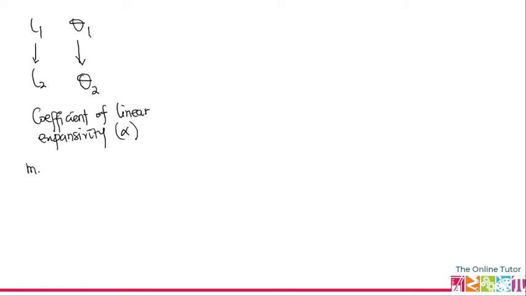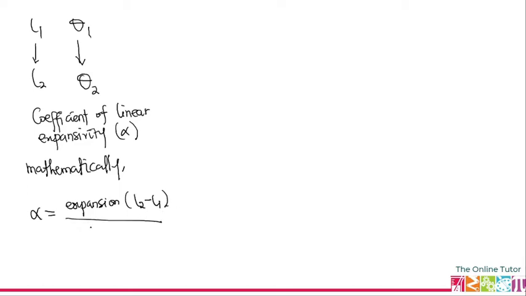So mathematically, we represent the coefficient of linear expansivity alpha to be equal to the expansion in the length of the metal, that is L2 minus L1, over the unit length multiplied by the change in temperature of the solid.